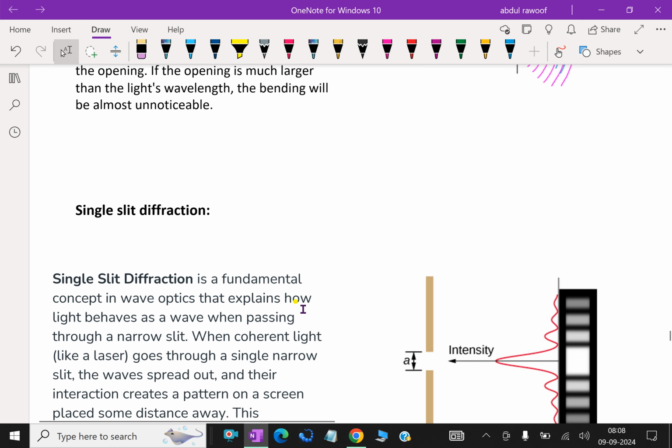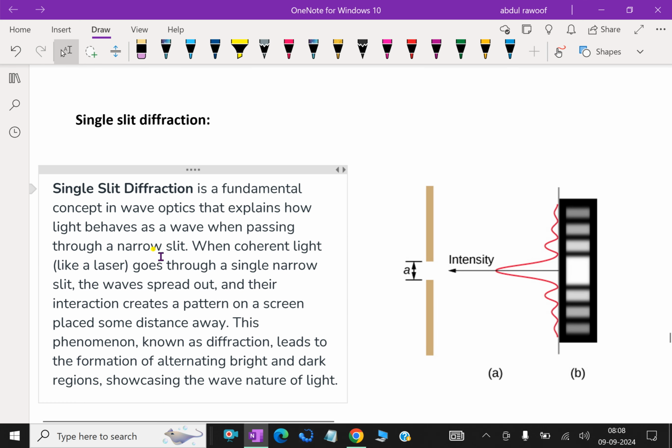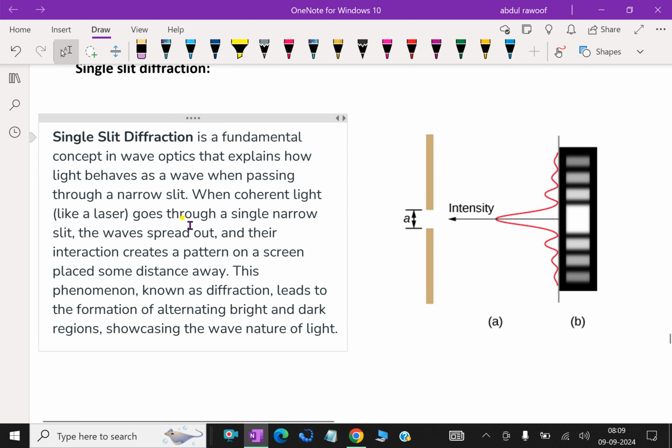Next one, single slit diffraction. Single slit diffraction is a fundamental concept of wave optics that explains how light behaves as a wave when passing through a narrow slit.